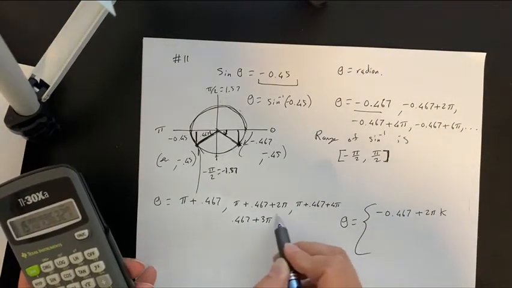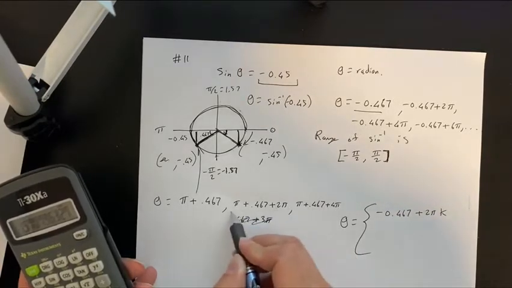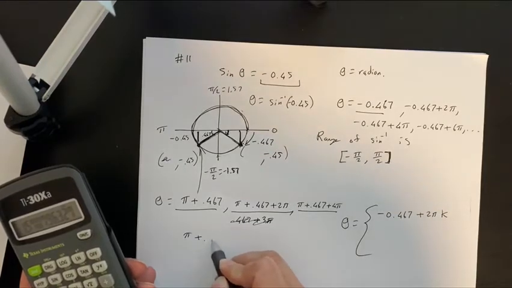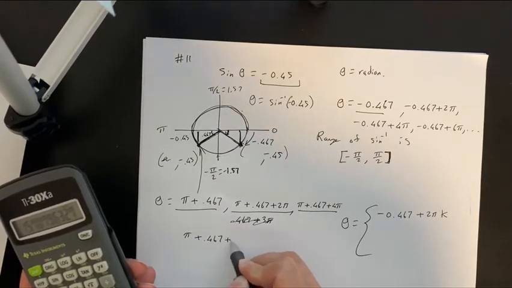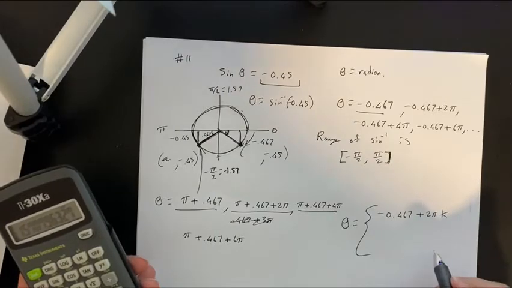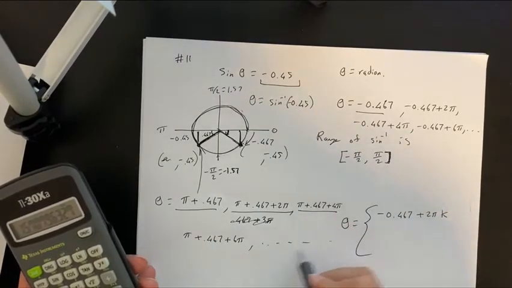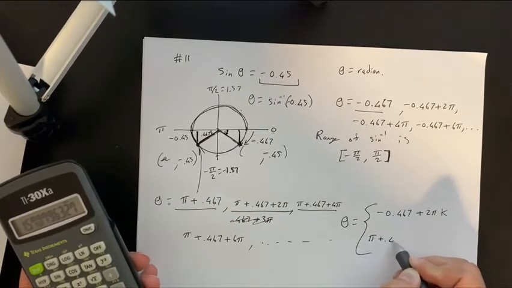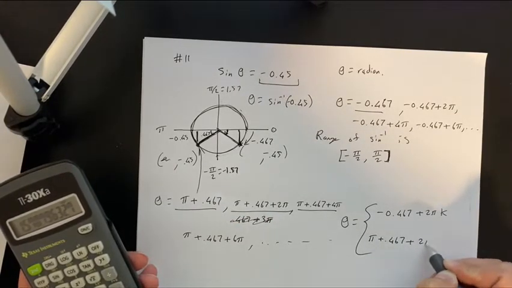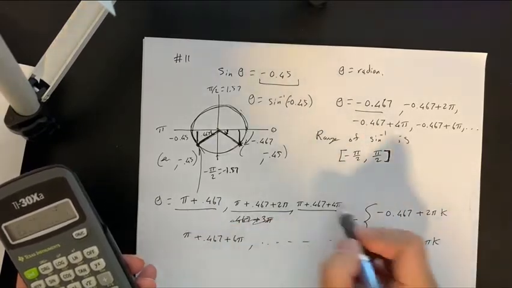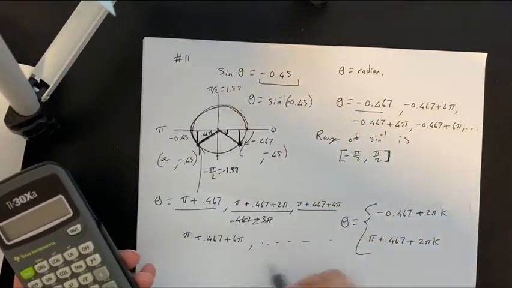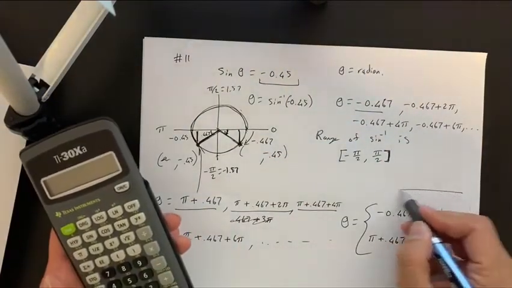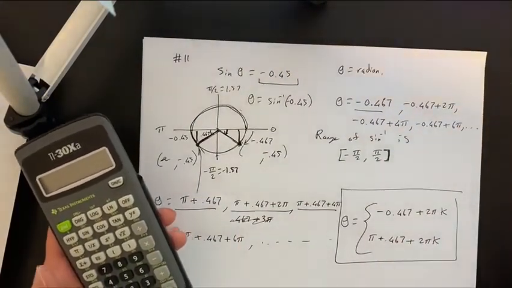So I'm actually not going to combine this together. We're going to keep it like this so you guys can see the pattern. So what's another solution? You added 6 pi. So how do I generate all these values? Well, it will be pi plus 0.467 plus any multiple of 2 pi. And that will give you all the values that will give you this second position. So here it is. This is the answer. Okay?